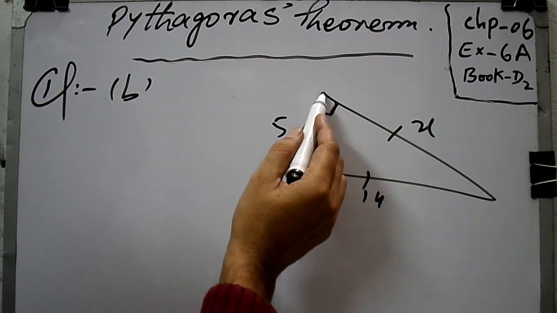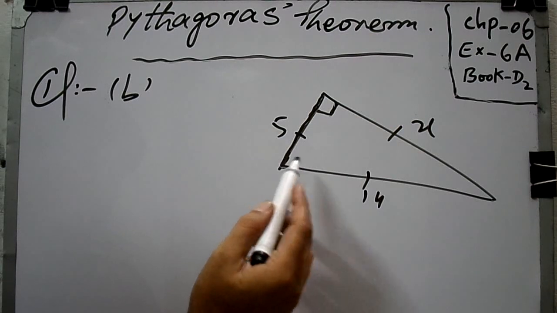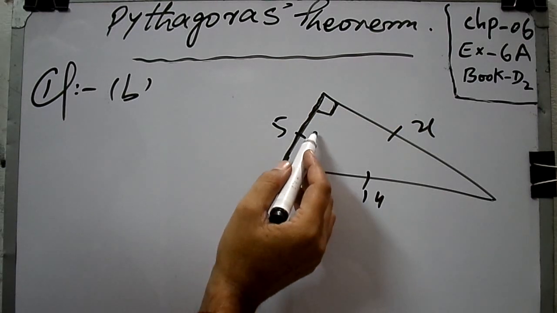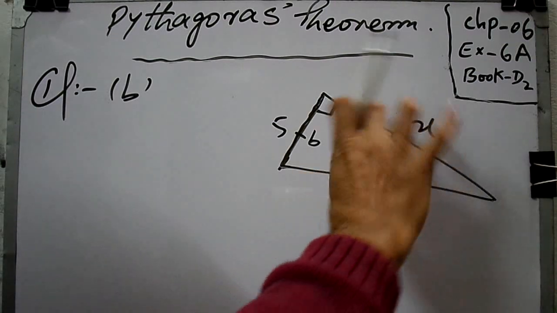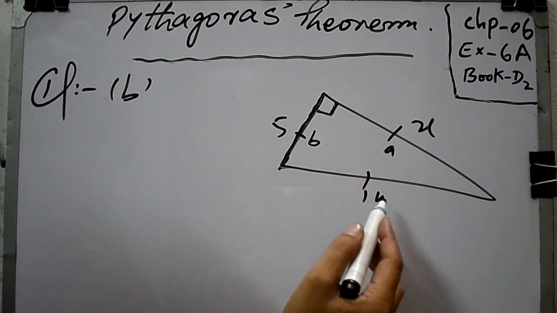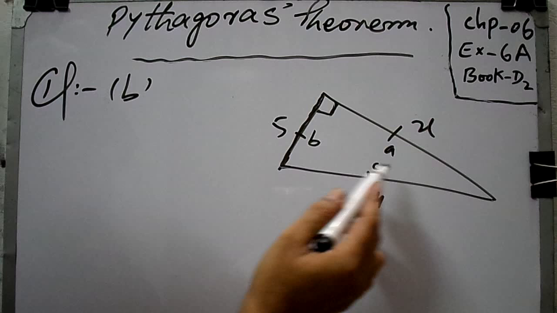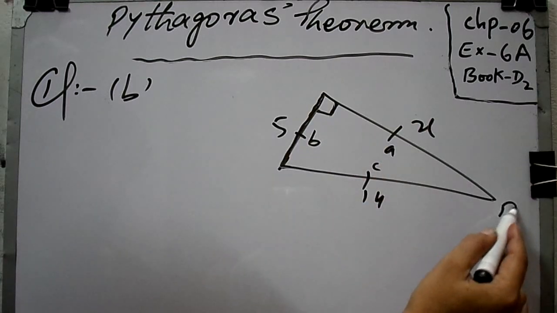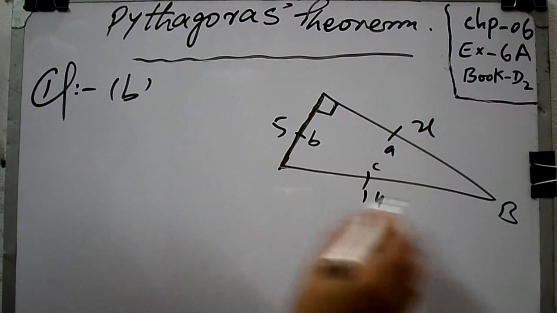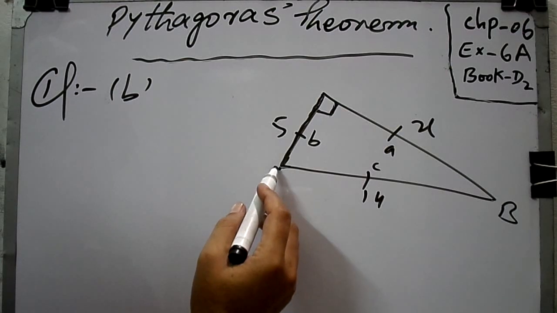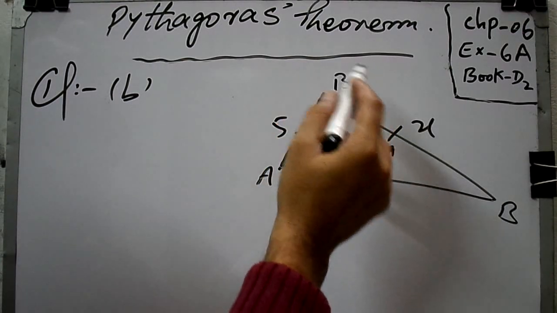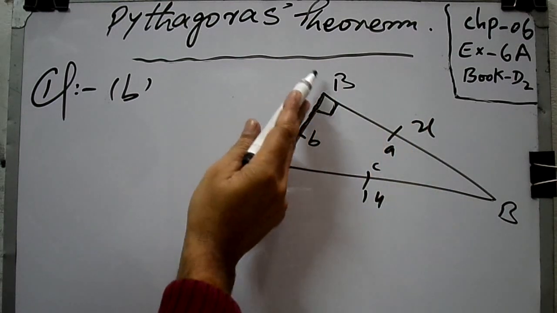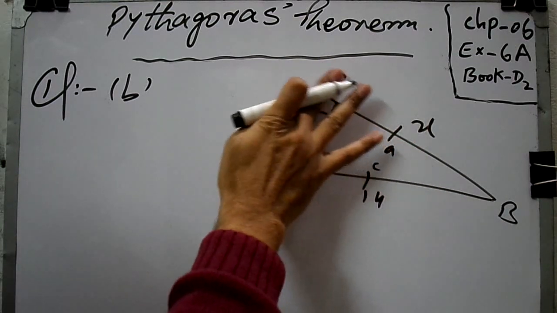So that is your B, that is your altitude. If you rotate the triangle, the altitude is represented by A, and that is your C. So you can give the names: B, this vertex will be A, and that will be B. That gives you the C side.